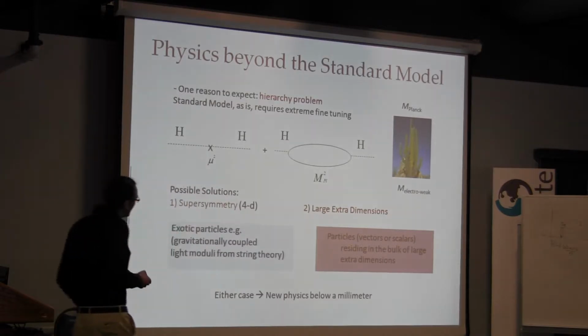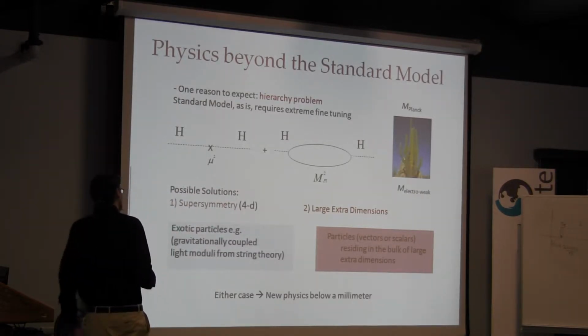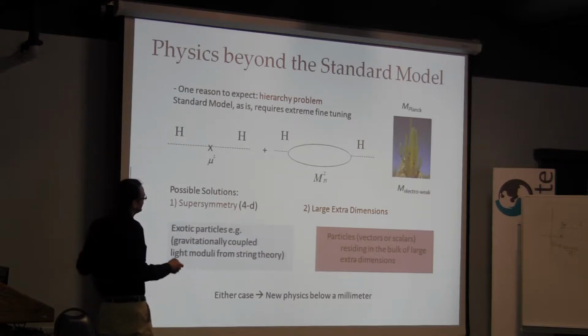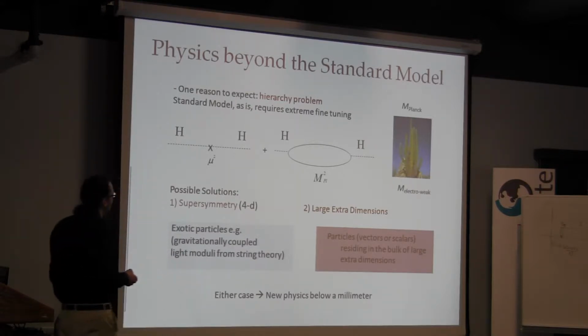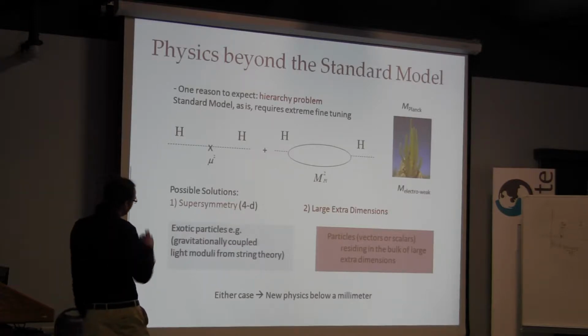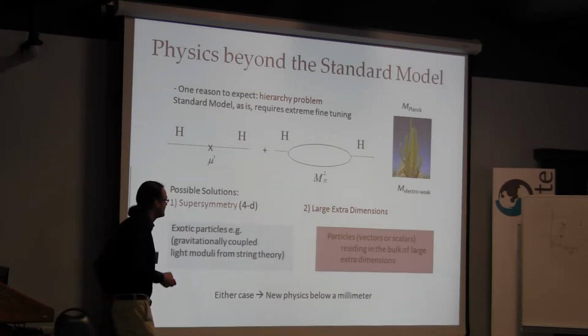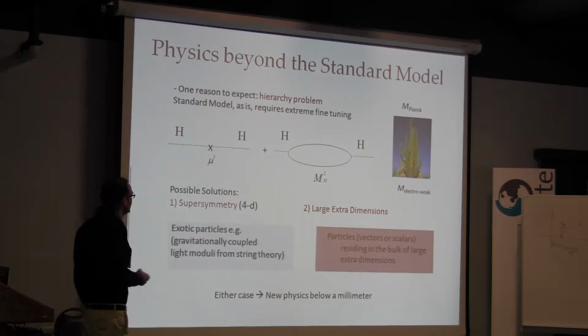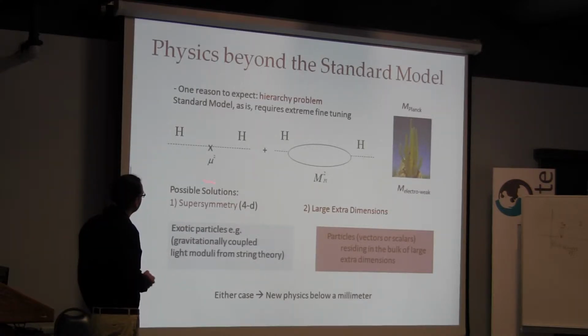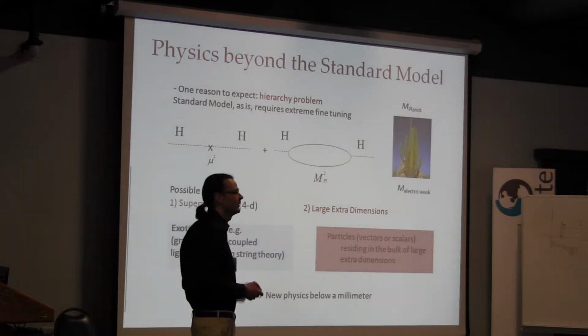And the problem that's caused isn't completely inconsistent, but it causes a very unaesthetic problem that's referred to as the gauge hierarchy problem. If you look at the standard model Lagrangian, the Higgs has some bare mass squared as a parameter in the Lagrangian.